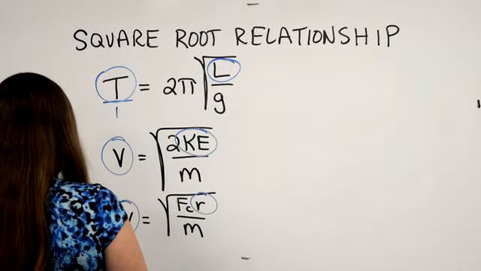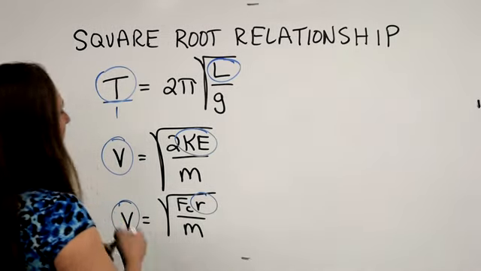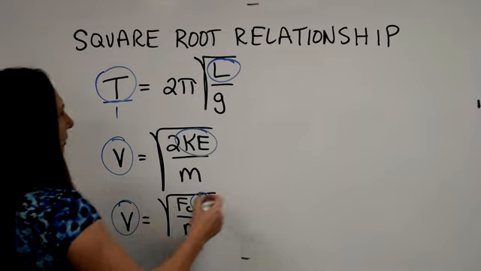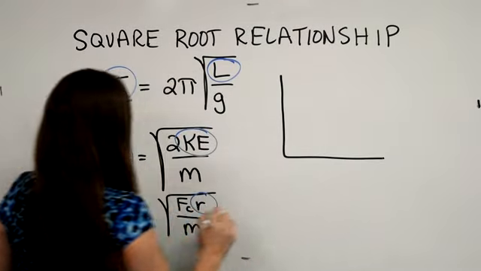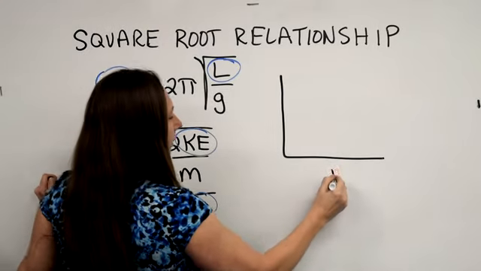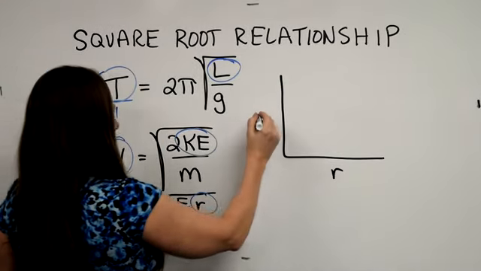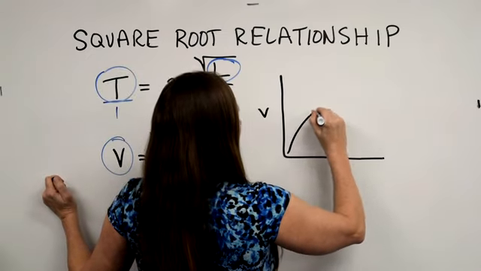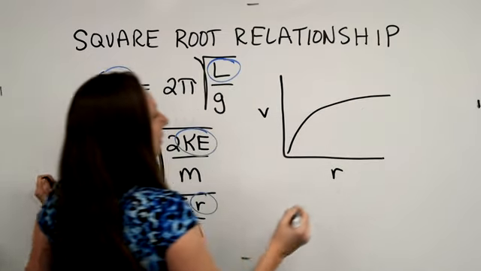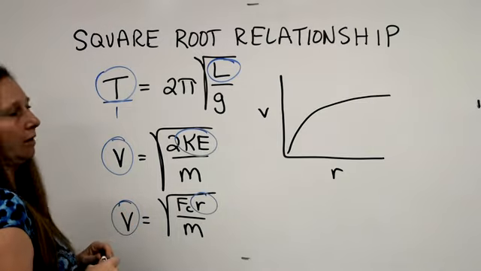Now, what does a square root relationship look like? I'll do this one right here. If you put the r here and the v right here, a square root relationship is going to look something like that. That's your square root relationship.